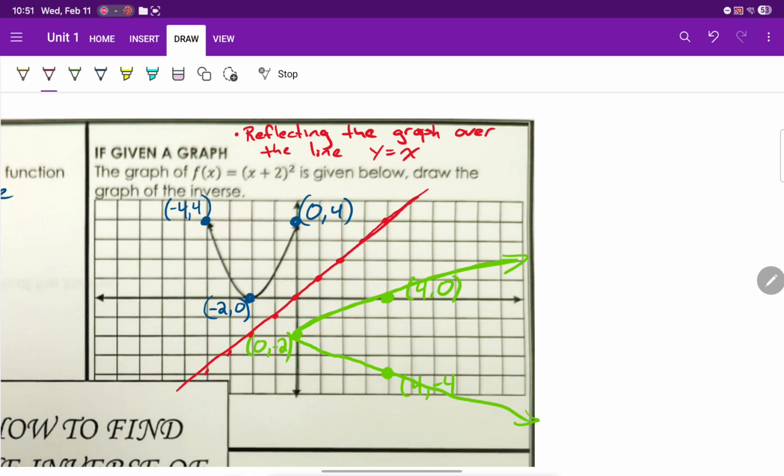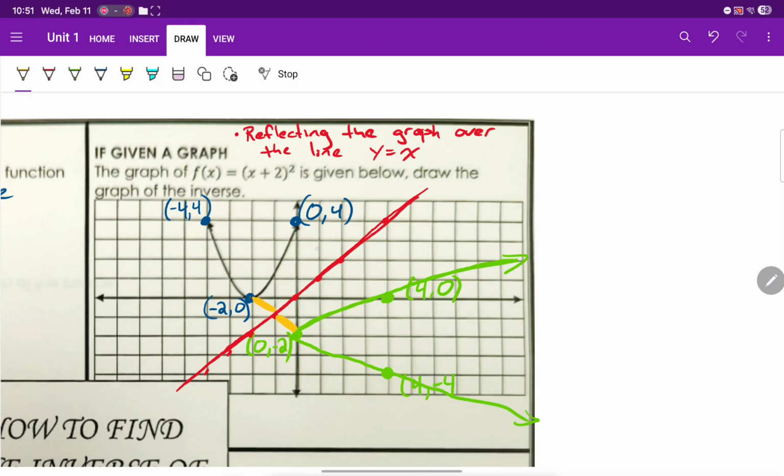And what you might notice, if you tilt your head or look at it here, is that the green graph is a reflection of that original graph. We can look at it more closely by looking at each specific point. If we look at the vertex, notice how the vertex is one diagonal away from that y equals x line on both sides.